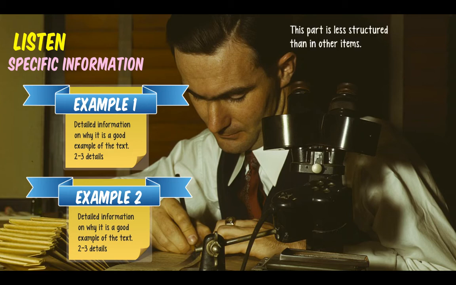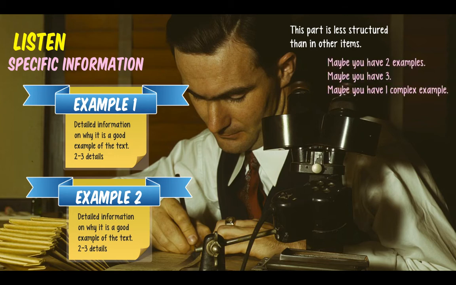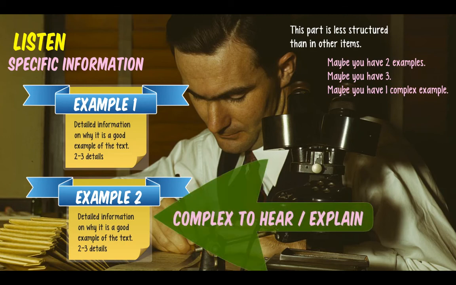This part is a little bit less structured than the other items, which means that sometimes you have 2 examples. In a very small number of cases, you have 3 examples. On occasion, you have 1 very long and complicated example. The most common is that you have 2 examples, and you should expect to have 2 examples, but this can change a little bit.